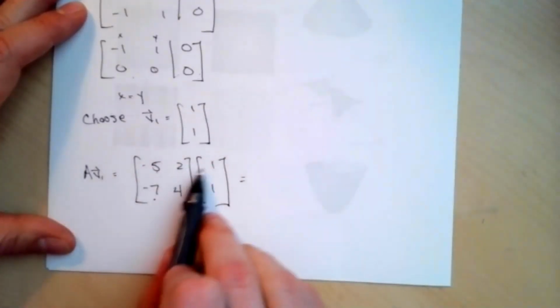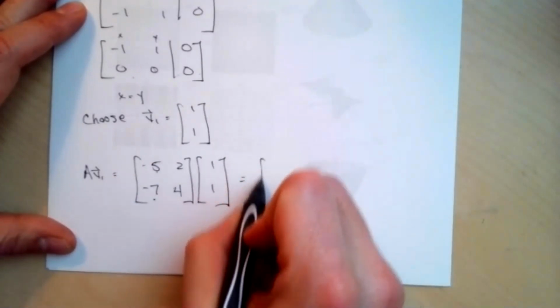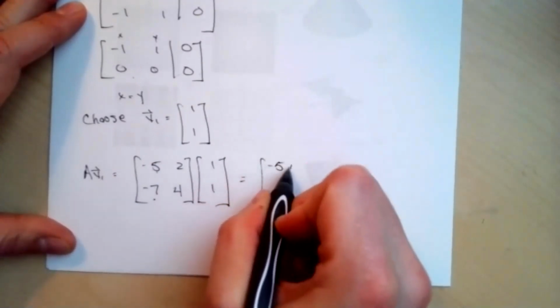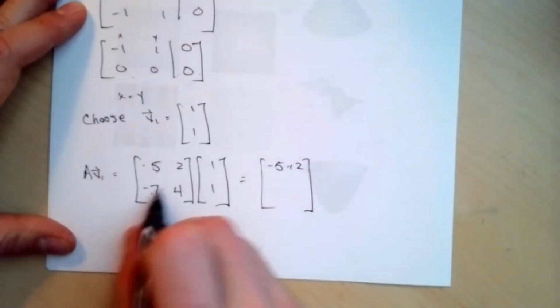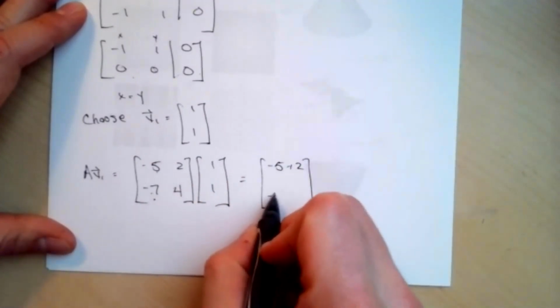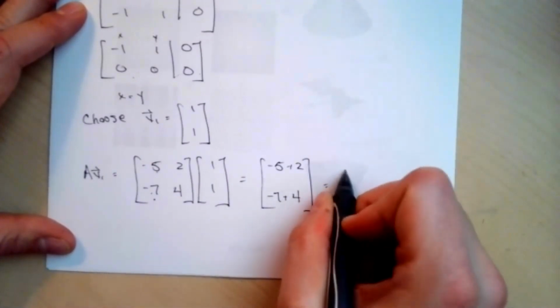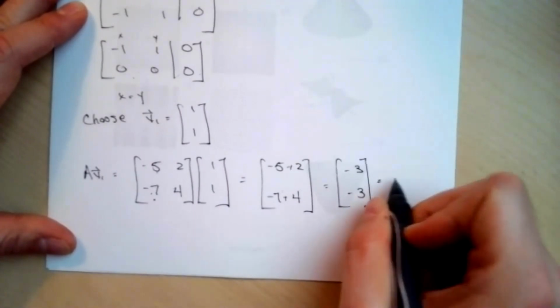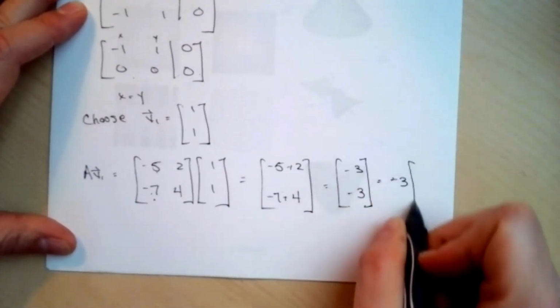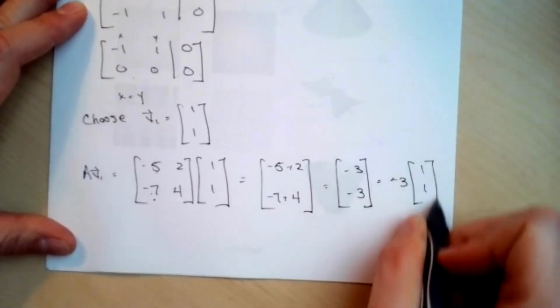And if we compute that, we'll have -5 plus 2 in the first row. And in the second row, -7 plus 4. And we see we found it correctly. So -3 times the vector we chose.